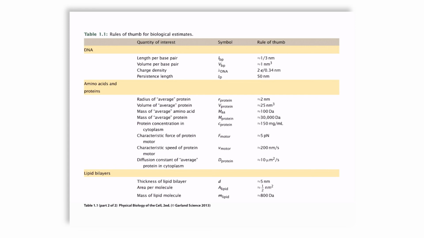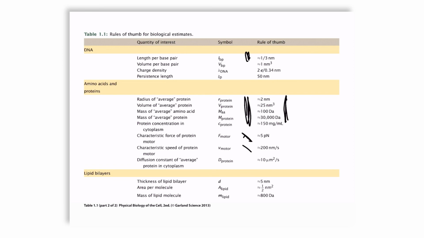These numbers, I do expect you to at least have some inkling and not be lost when I ask you these, yeah? Because these are giving us a relative sense of the size and shape of the basic molecular building blocks of life, that is DNA, protein, RNA, and lipids. The characteristic force of a protein we'll talk about later is 5 piconewtons.